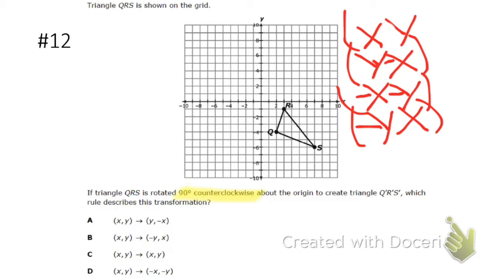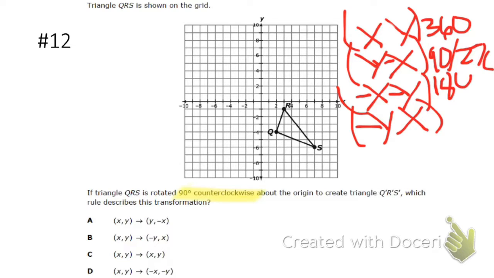Then we have to remember that the top one is 360, 90 clockwise slash 270, 180, 90 slash 270 slash 90.